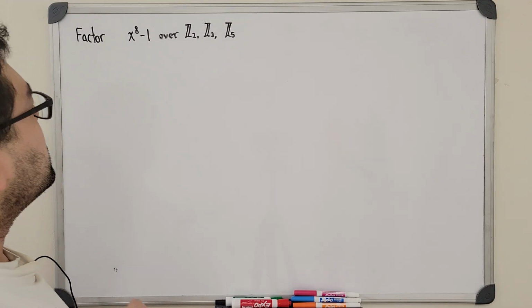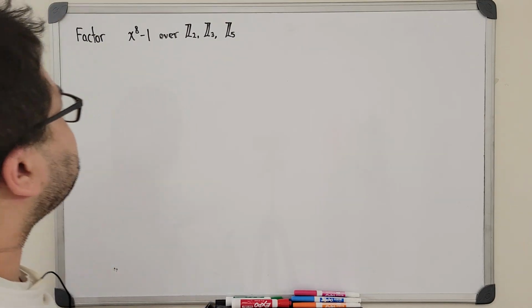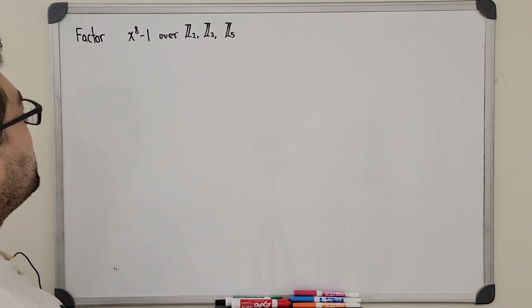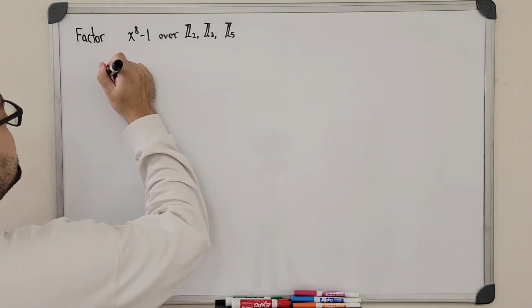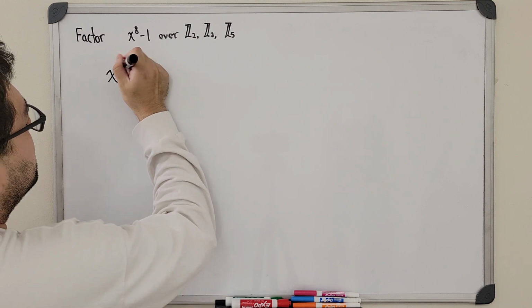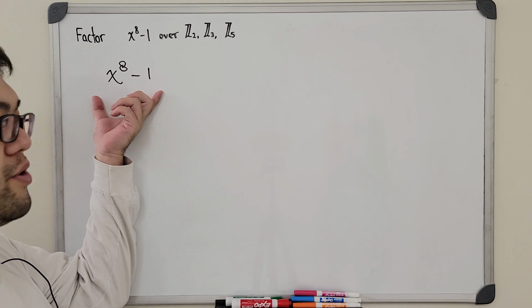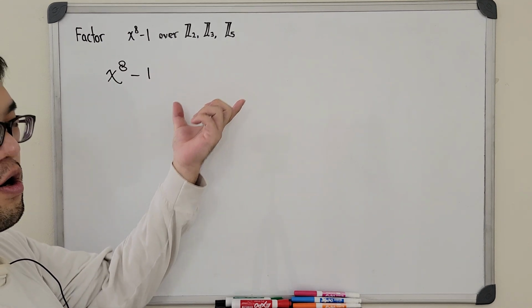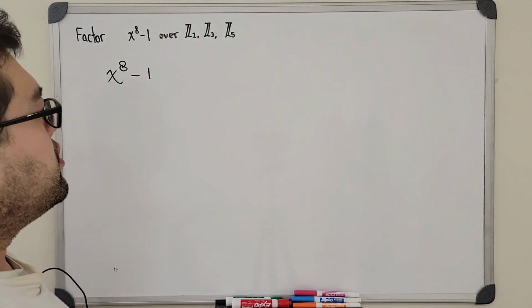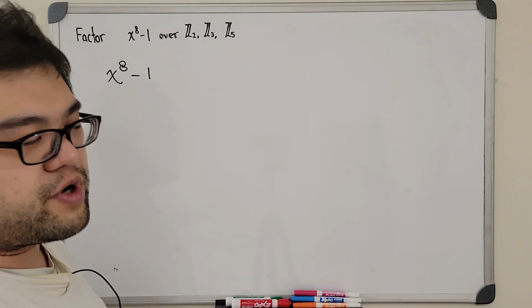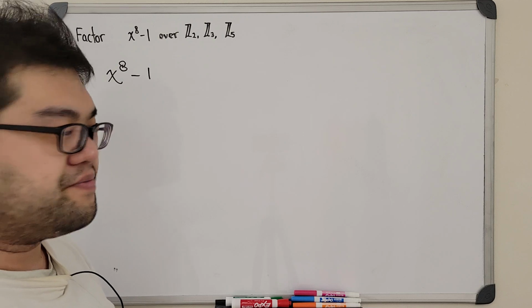Okay, so let's see what we can do. There are a couple of ways of doing this kind of problem, but the fastest way that I personally think is to first consider the given polynomial and factor it over the integers, or just as regular factorization.